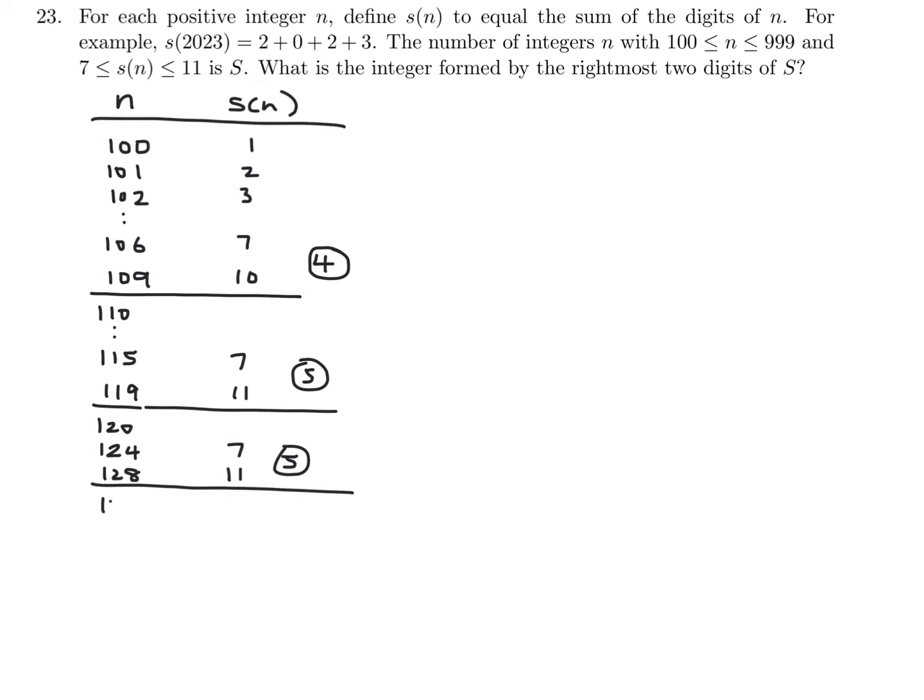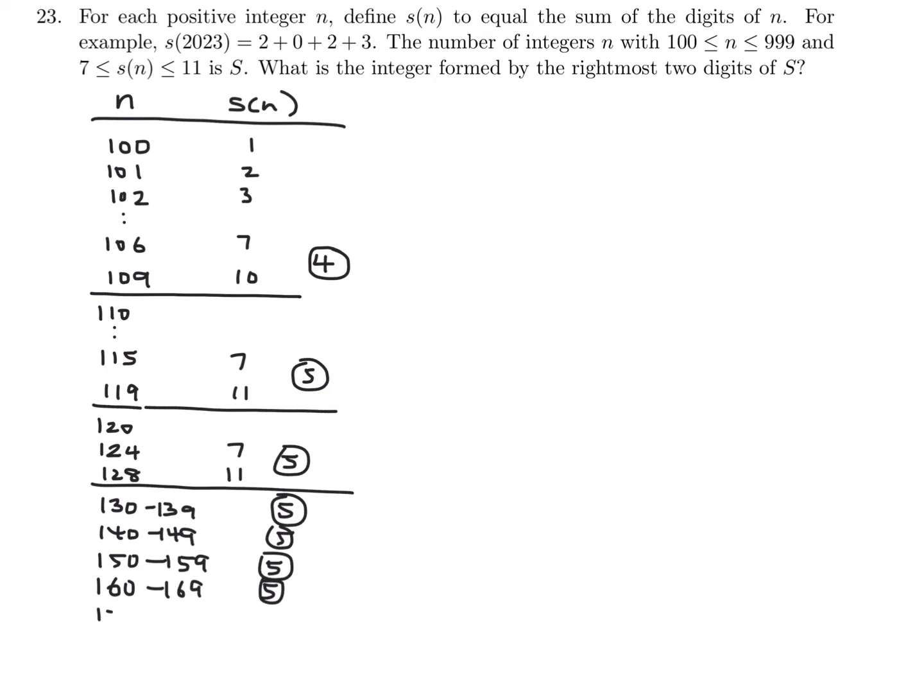Okay, so now the next one, 130 to 139, we're also going to get 5. And then 140 to 149, we're also going to get 5. And then 150 to 159, we will get 5. And then 160 to 169, I think we'll get 5 again.